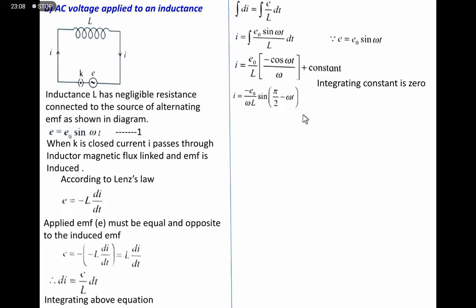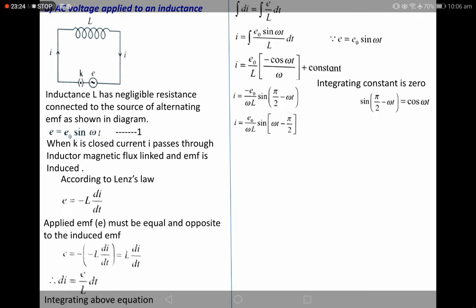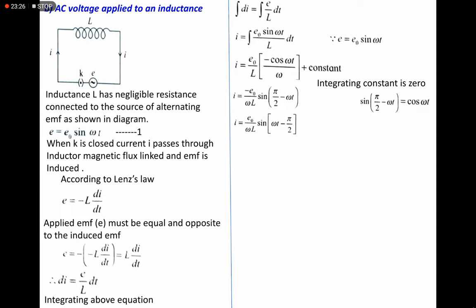Now we can change this to sine of omega t minus pi by 2, the minus sign being common from the bracket, and our equation becomes I is equal to E naught by omega L sine of omega t minus pi by 2.